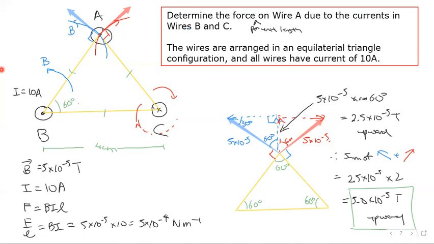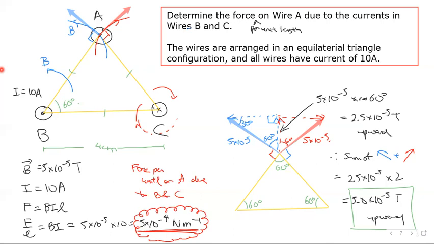And that would be your answer. This is the force on A due to B and C, force per unit length. And so this would be your answer here: 5 times 10 to the negative 4 Newton per meter.